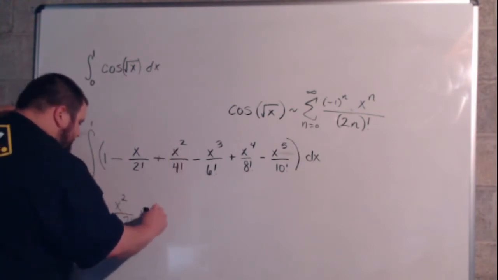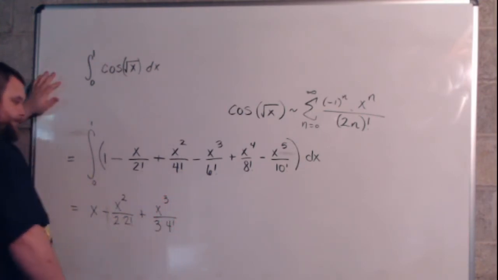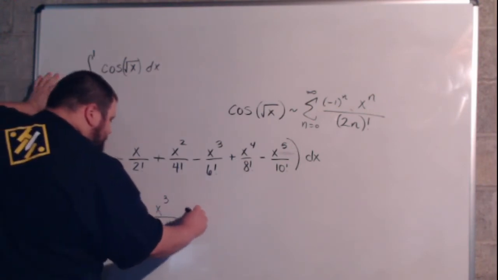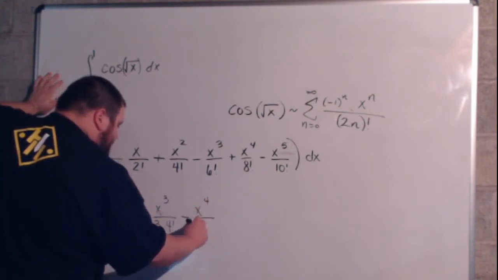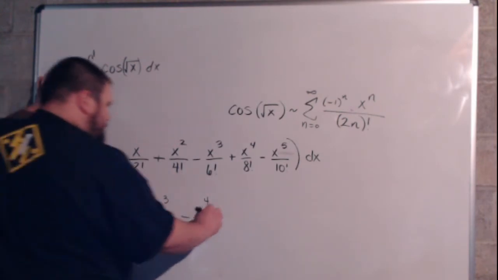This one's going to be x cubed over 3 times 4 factorial. X to the 4th over 4 times 6 factorial, and so on.